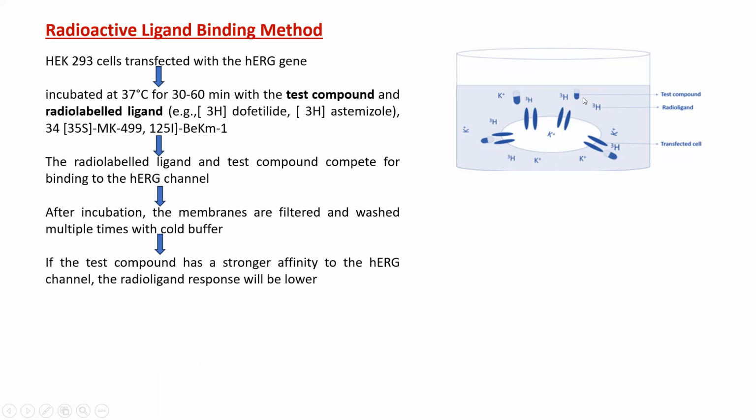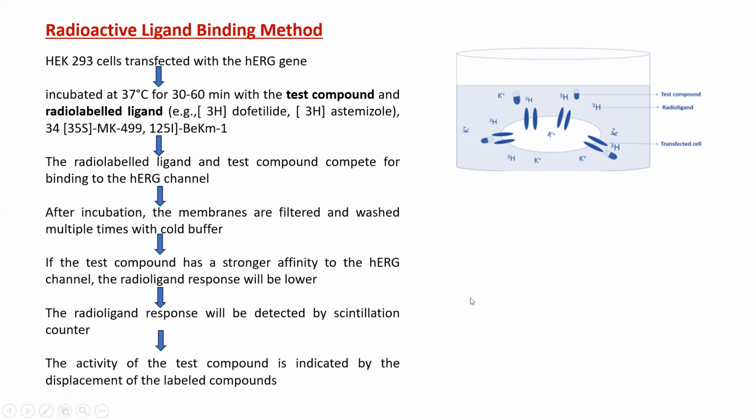So if the test compound has more affinity, more compound will bind to this channel, and therefore the radioligand response you can observe is very low. The radioligand response is detected by a scintillation counter, and the activity of the test compound is indicated by displacement of the labeled compound.